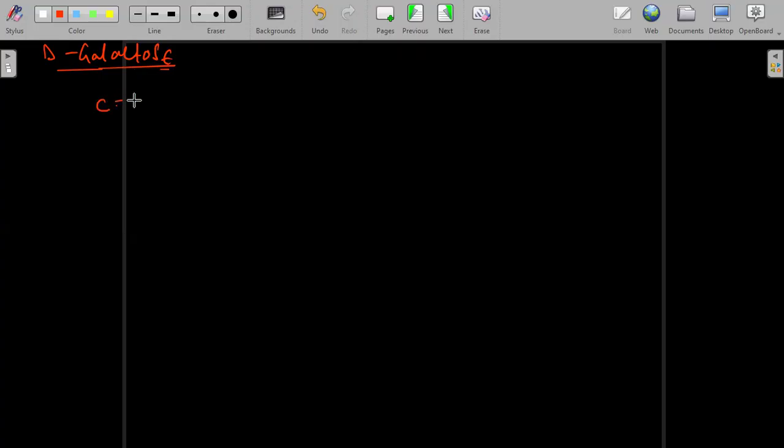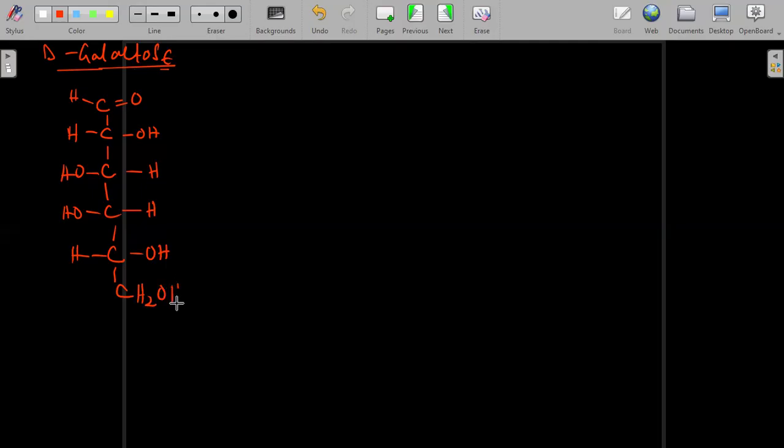It will have C, which is connected to O and H, and then connected to another C, which is connected to OH and H, another C, which is connected to H and OH, another C, which is also connected to H on the right, OH on the left, and then another C connected to OH and H, and then another C, which is connected to 2 hydrogens and an OH like that. So this here is the Fisher projection for what? For D-galactose.